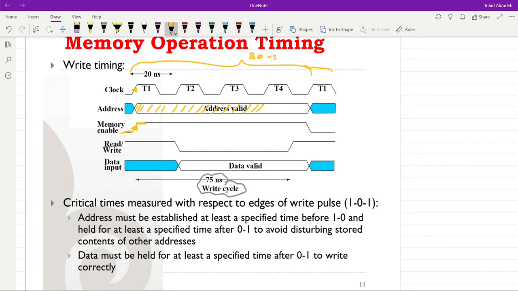Then after 1 clock pulse, at the next rising edge of the clock, read-write goes down to 0. So when this is 0, it means that writing can be performed. And then it will take a while for the memory to write the data into its elements.